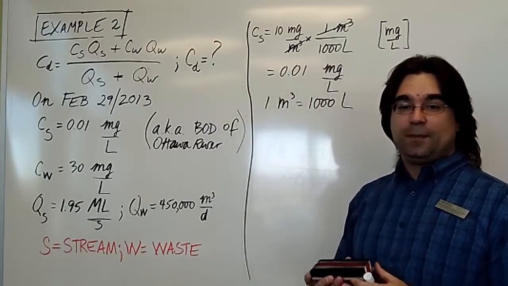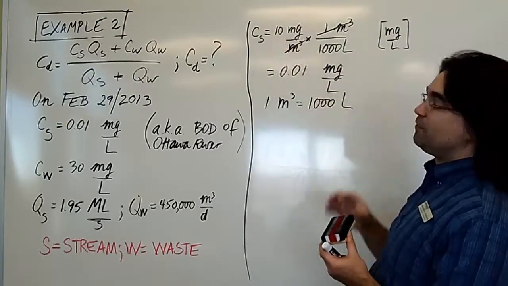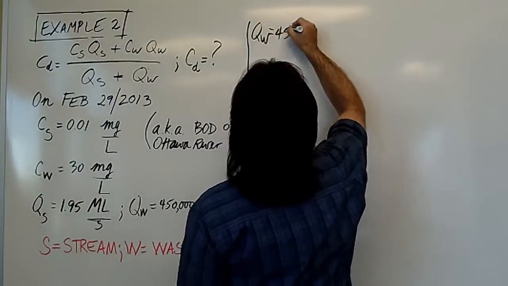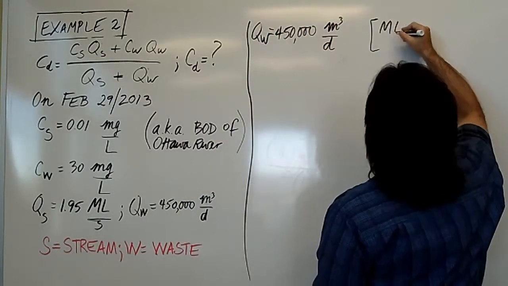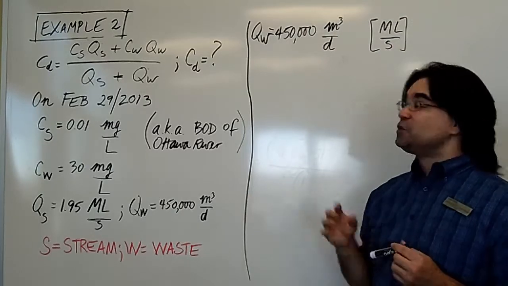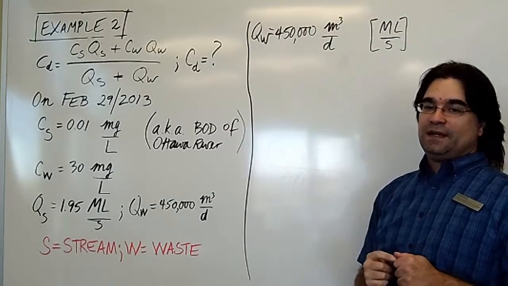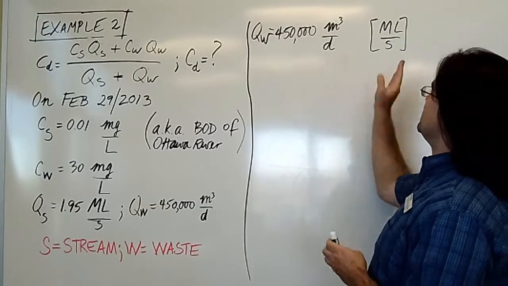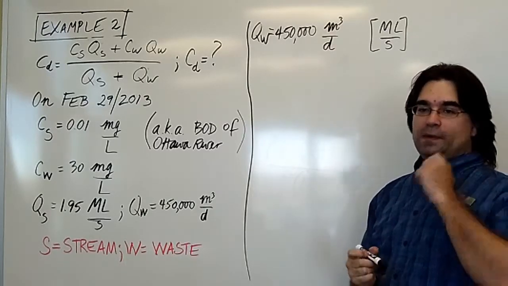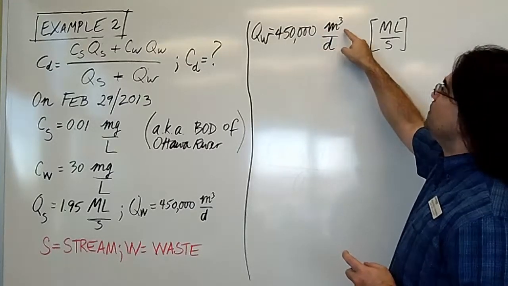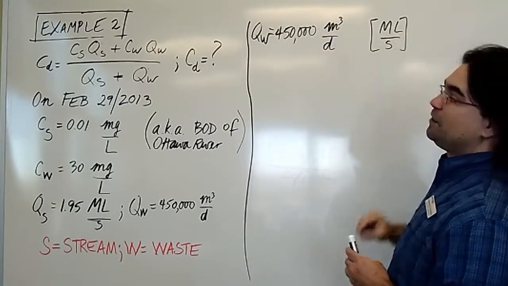To keep things neat, I'm also going to erase this conversion at the top. Okay, so this is what I have in terms of units. This is what I want. I have to do a fair bit of work to go from this to that. So, first of all, I'm going to remind myself that there is a combination that goes from cubic meters to megaliters.